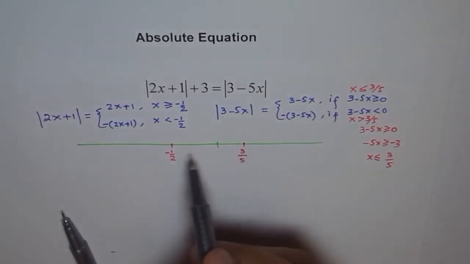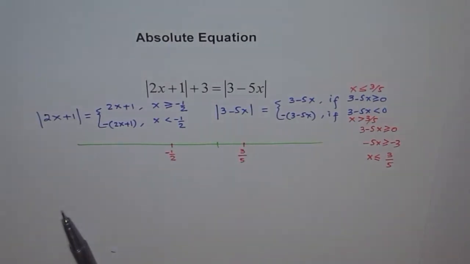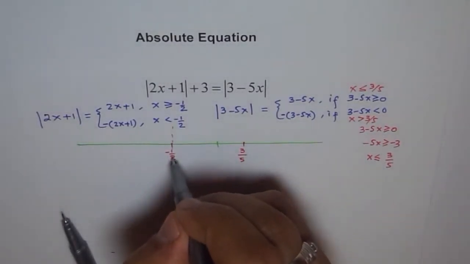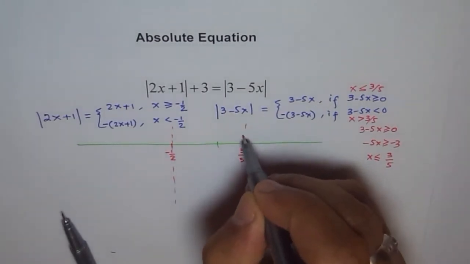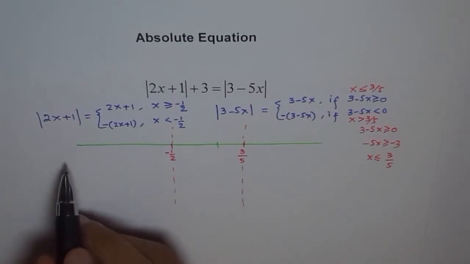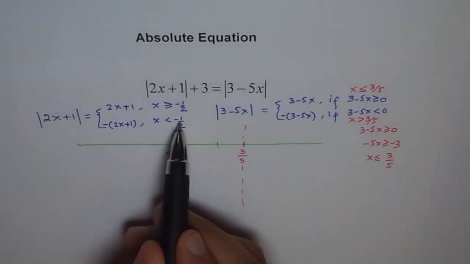Well, these 2 points actually divide our line into 3 portions, right? And therefore, this equation has to be solved in 3 different parts. Okay. Now, on this side, from the left side of the line, that means we are less than minus half.